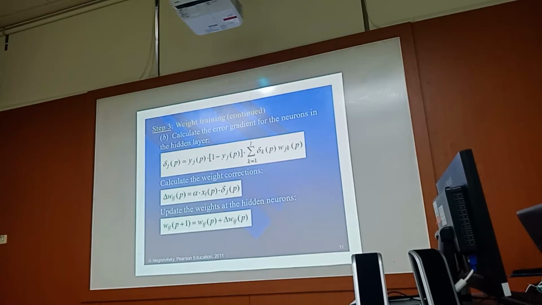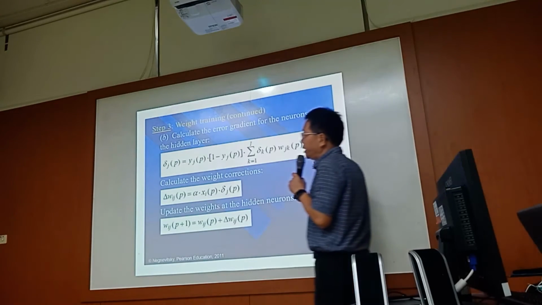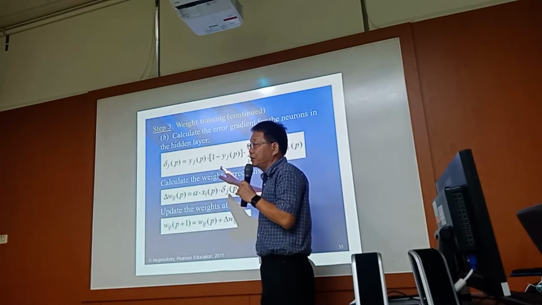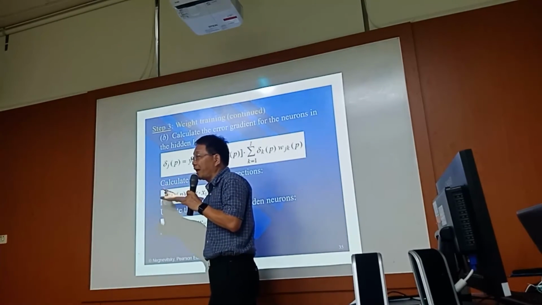Continue means that we just did one step, and then we calculate the error gradient from the linear in the hidden layer. Now we also continue to calculate, because previously we calculated from K to J. Now it's from J to I.